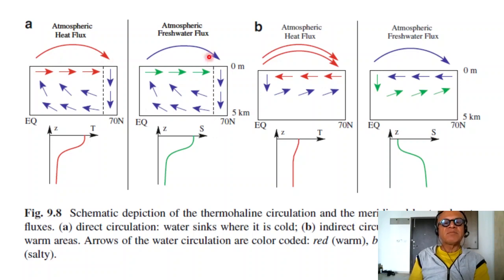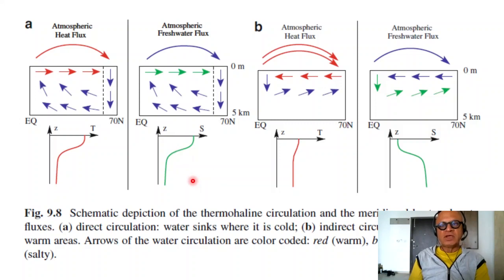Here you have atmospheric freshwater flux, so this is an indirect circulation which is stable. So you have atmospheric freshwater flux dominating this way, and you have water sinking and creating this salinity profile, which is very high salinity at the surface and lower salinities at depth, which is a reverse of what we have in modern times, where surface salinities are lower than the subsurface salinity.